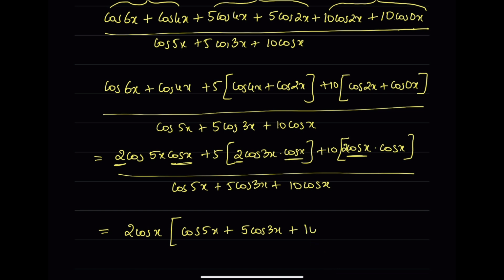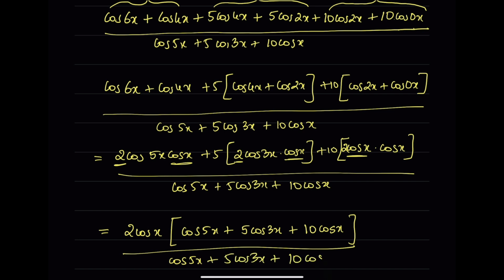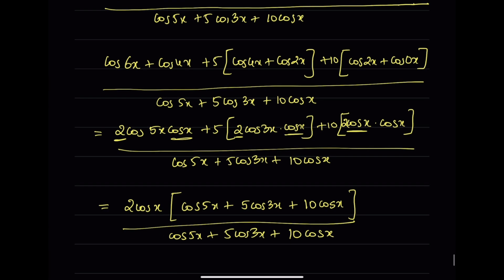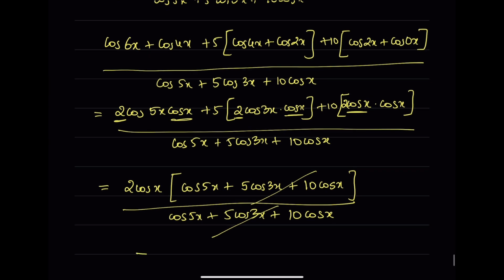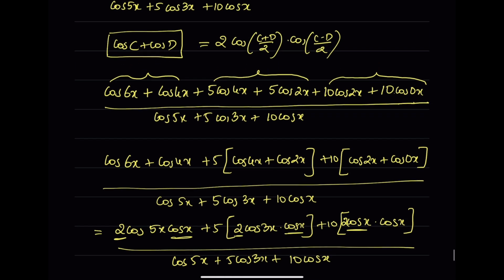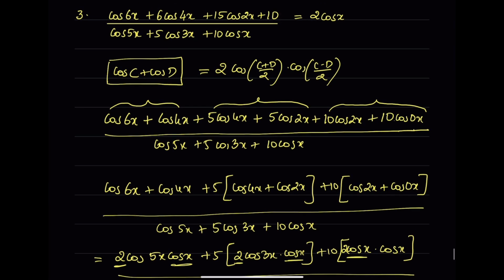So this would be 10 cos x, divided by cos 5x plus 5 cos 3x plus 10 cos x. Now if you observe, we can cancel these two parts in the equation and we would remain with only one variable, which is 2 times cos x. So this is a unique problem that we solved.